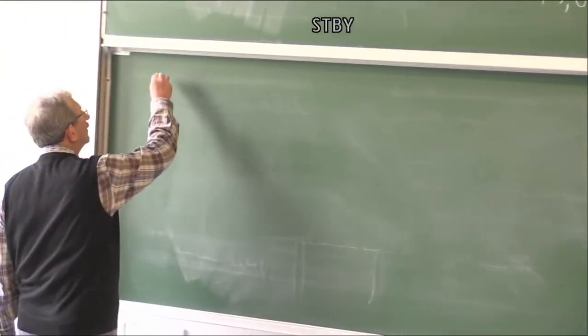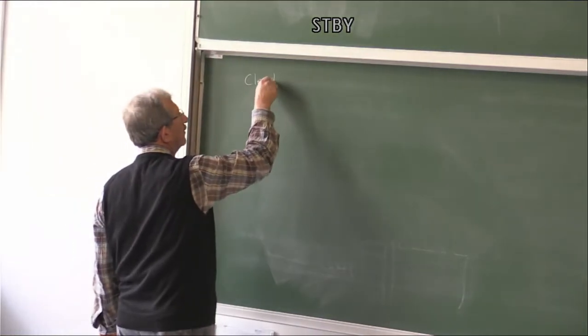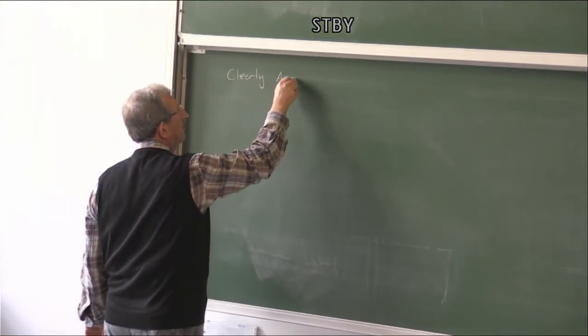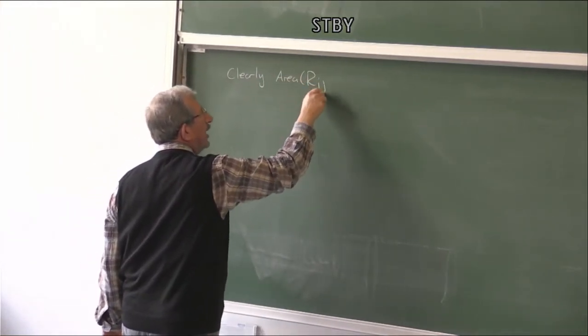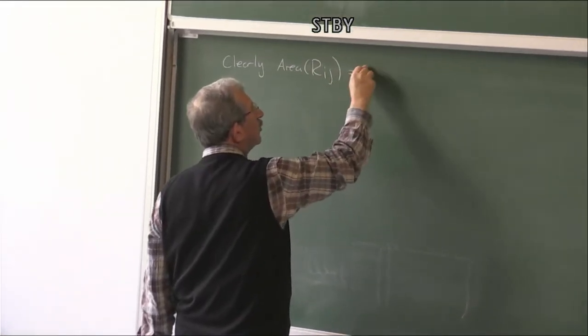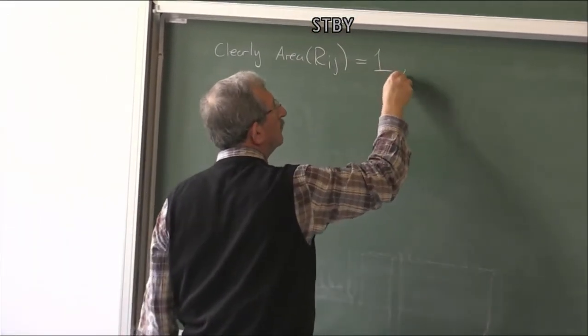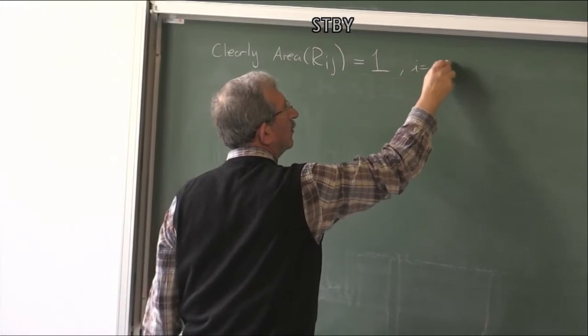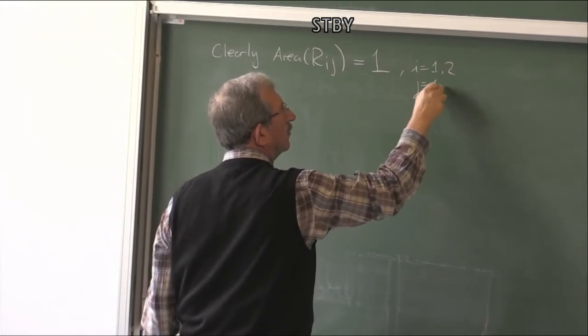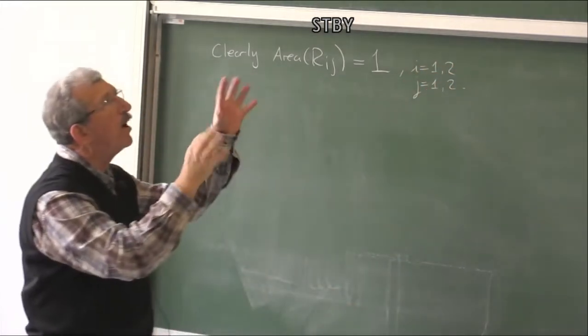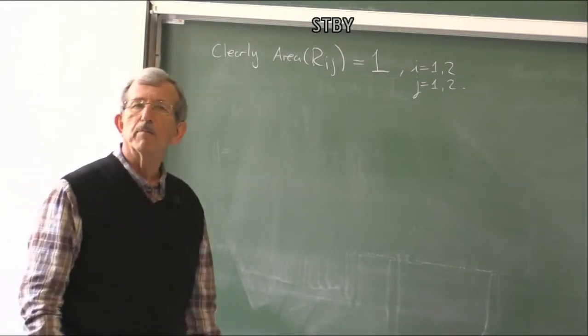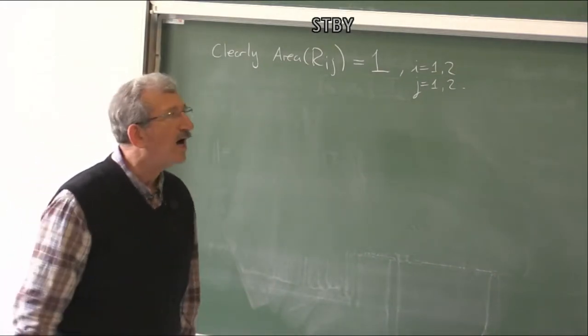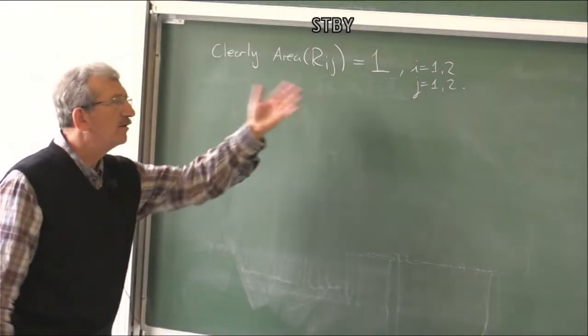Now here, clearly, the area of Rij is always 1, in whichever part you are. All of them are squares with side 1, so the areas are easy.